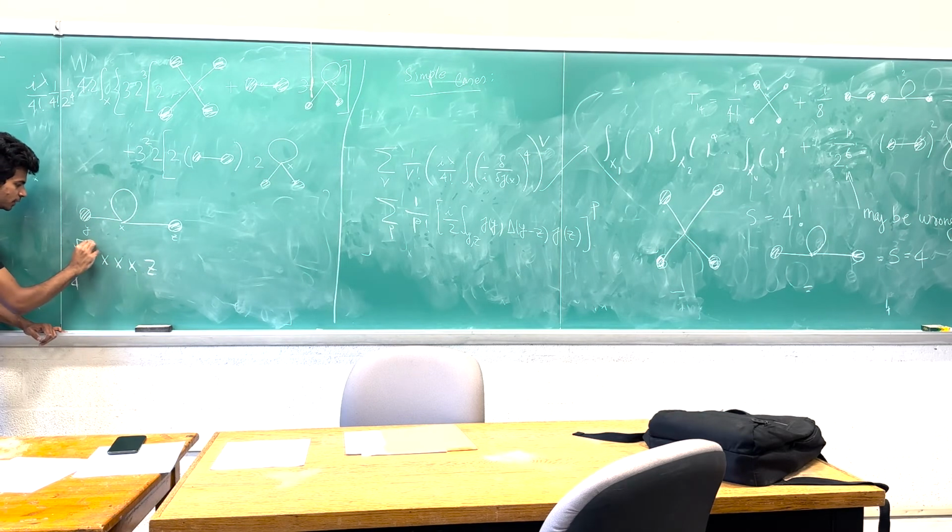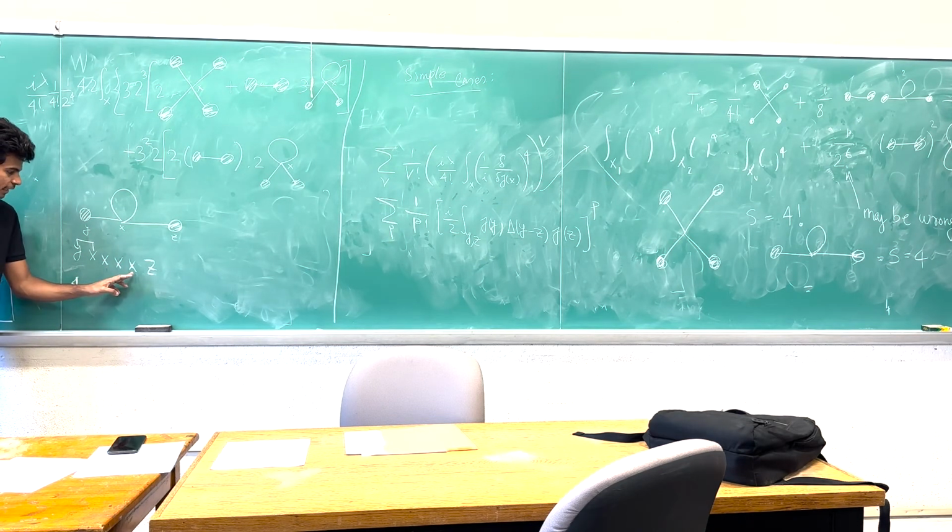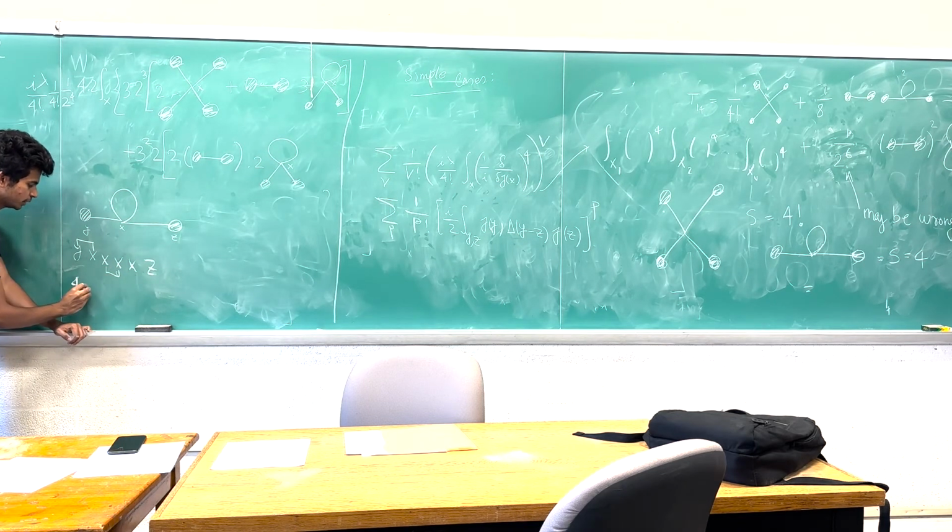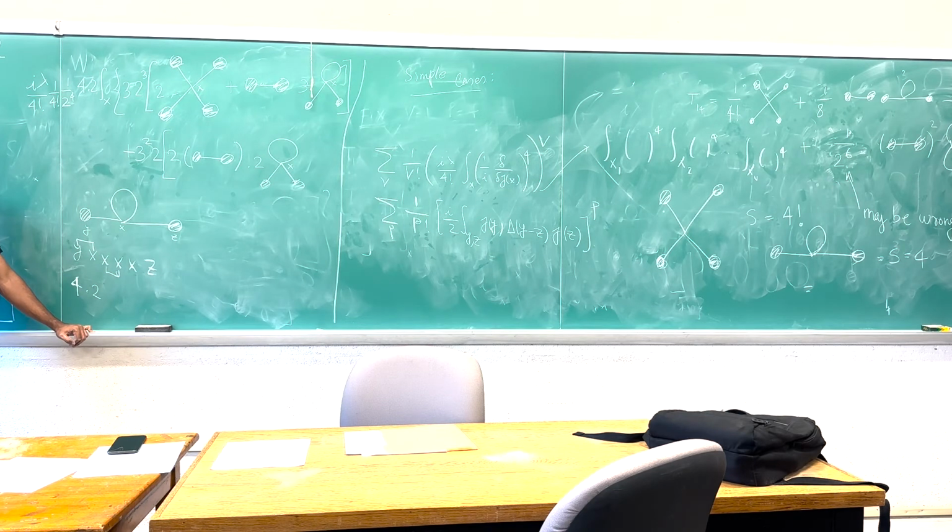So I made one connection, I can do it in 4 ways. Now, how many ways can I connect X to the next X? 2 ways. Okay, I didn't get it.